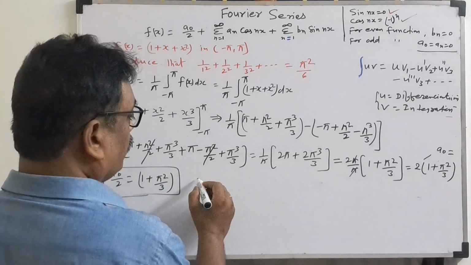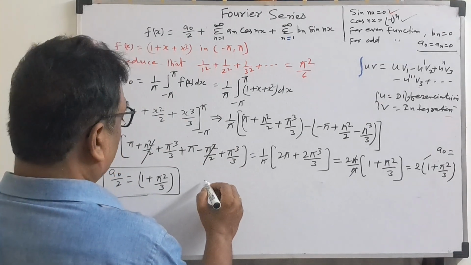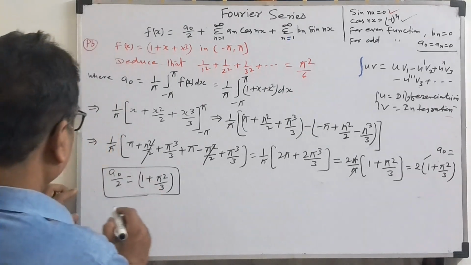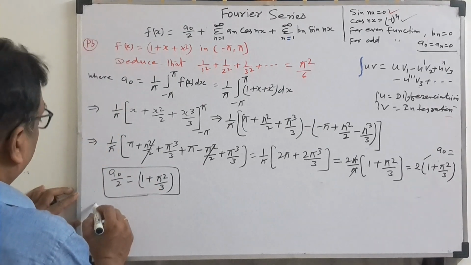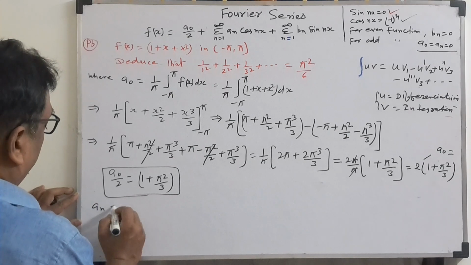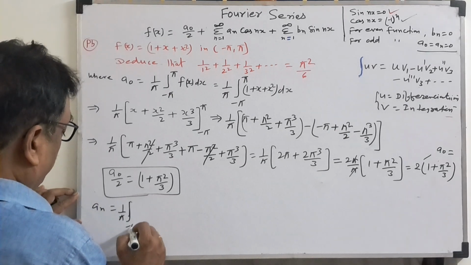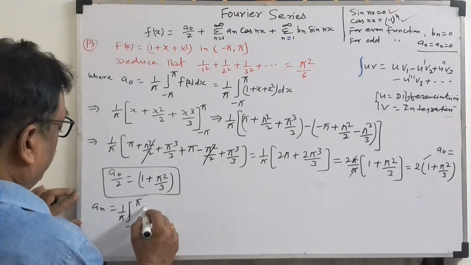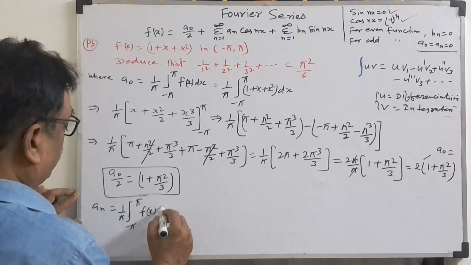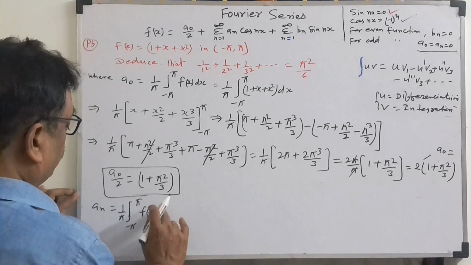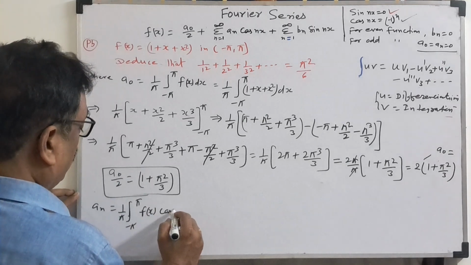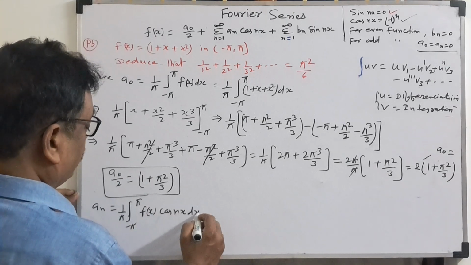Bn, An. So what is An here? An is equal to 1 by pi integral from minus pi to pi of f(x) cos nx dx.